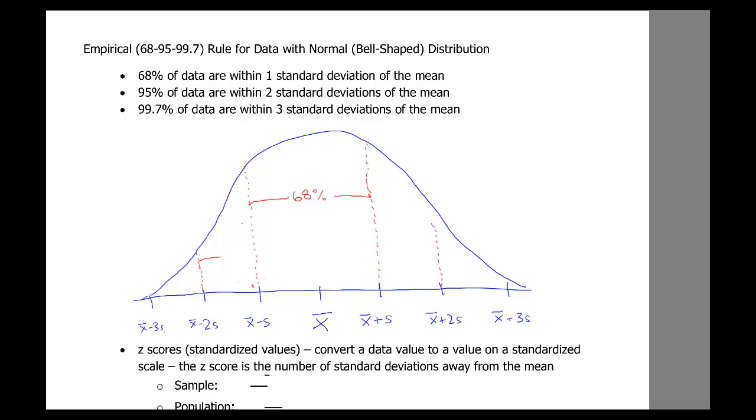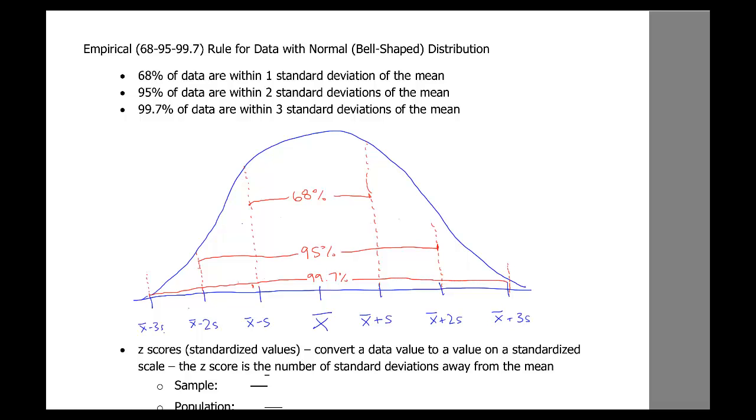So between these two lines, we have 95% of all the data in that sample. And then out to 3 standard deviations, above and below, 99.7% of the values fall between those two. And that's the empirical rule.